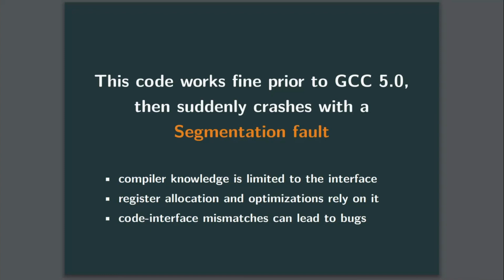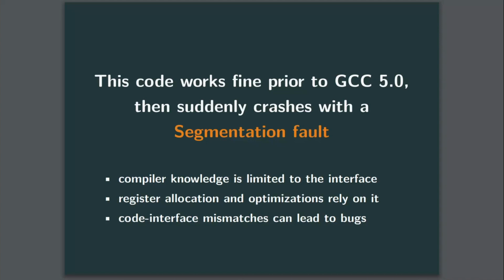The compiler provides the syntax for inlining assembly instructions inside the C, but it doesn't understand the meaning of the instructions you are adding to your C code. So the compiler's knowledge is limited to the interface between the C and the assembly, and it will perform some work on this knowledge.